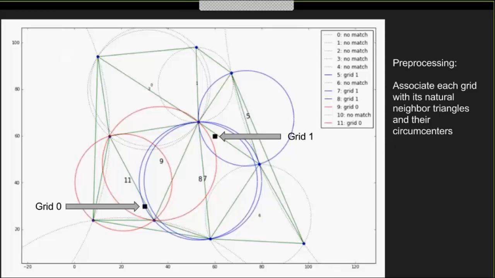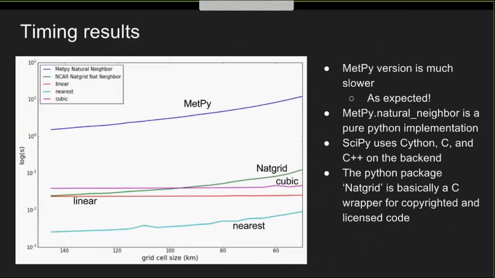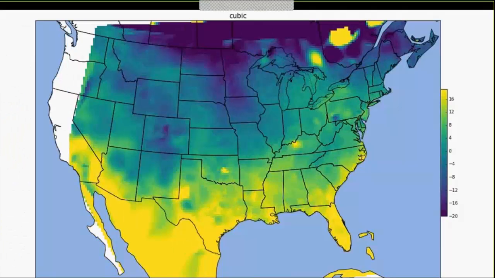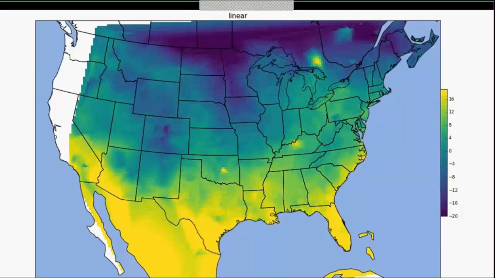Otherwise, we see that these triangles have circumcircles that are too far away from the grid point, so we wouldn't consider them to be our natural neighbors. That's the way we decide to cut off. Or I don't decide that, that's the way the algorithm decides, depending on the density of the observations. But you only get the ones that geometrically surround the grid point. You don't take extra points in.